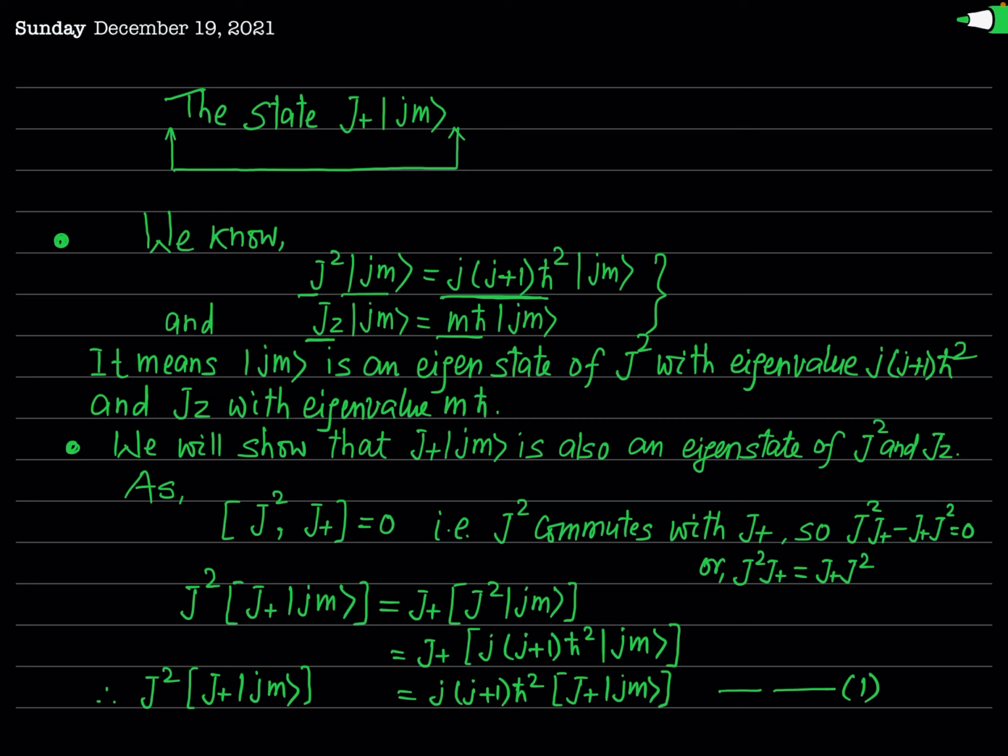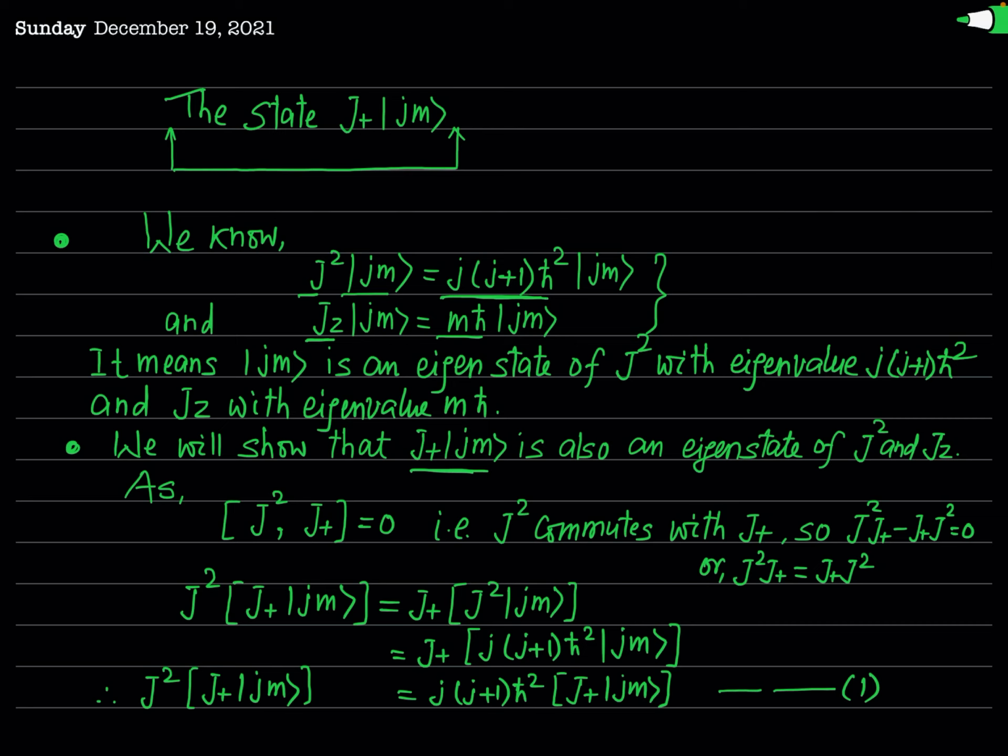Now in this lecture, our aim is to show that this J plus |j,m> is a new state in fact, and this is also an eigenstate of the same two operators J squared and Jz.